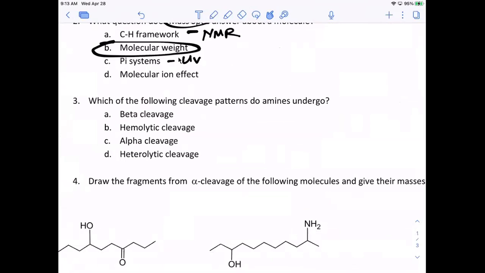All right, let's go to the next question. Which of the following patterns do amines undergo? This is based on what we talked about on Monday. What's one of your major fragmentation patterns when you have functional groups like amines, alcohols, carbonyls?